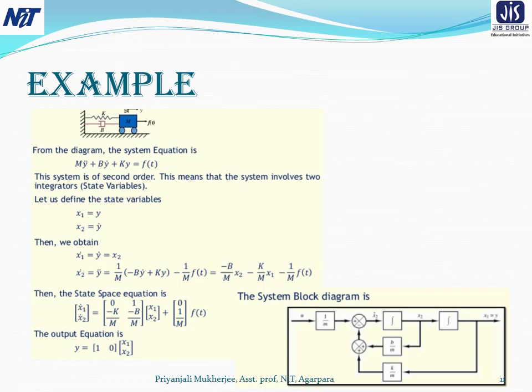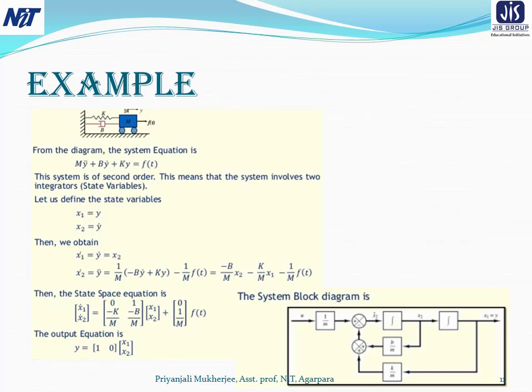Here we will write x1 dot and x2 dot in matrix form, as a 2 by 1 matrix, and A will be a 2 by 2 matrix, plus B will be a 2 by 1 matrix.